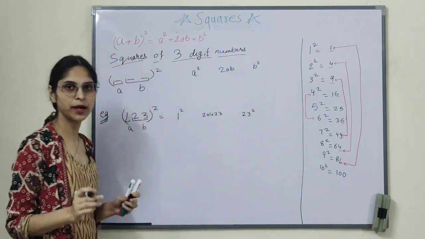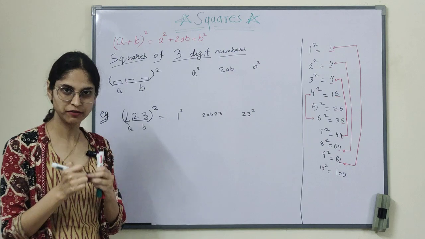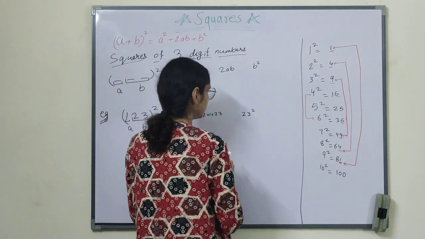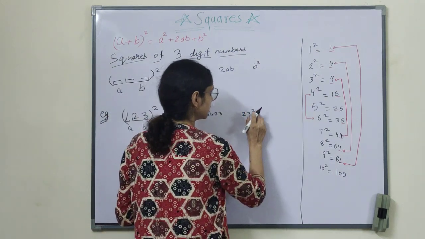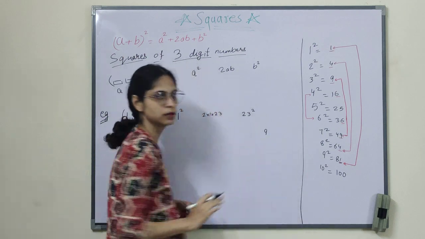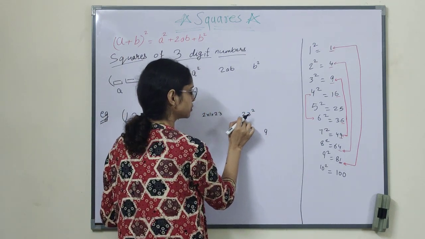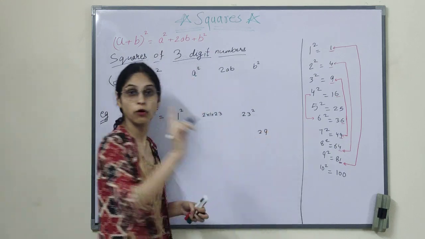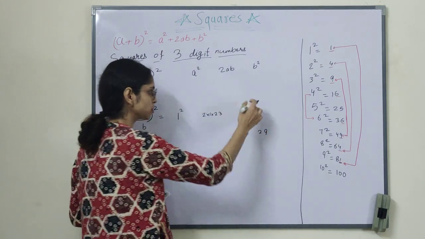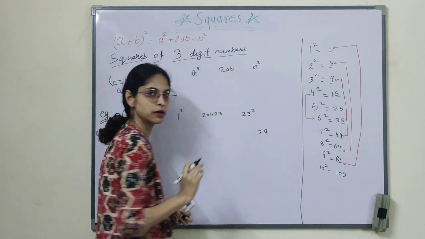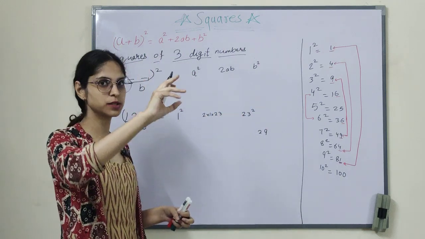Now 23 square we can find out with the method that we have learned so far. So for 23 square, what we will do, 3 square is 9, there is no carry. Now multiply everything. 2 times 3 is 6, 6 times 2 is 12, write 2, 1 is the carry. Now square of 2, 2 square is 4, 4 plus 1 because 1 was a carry is 5.